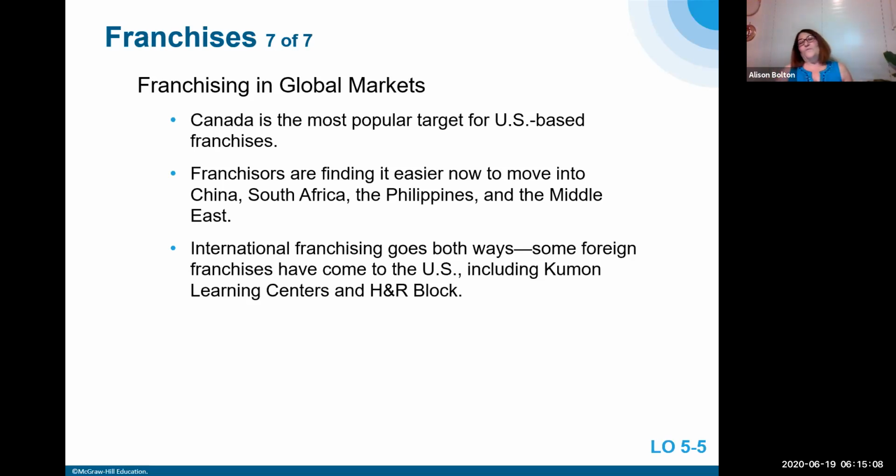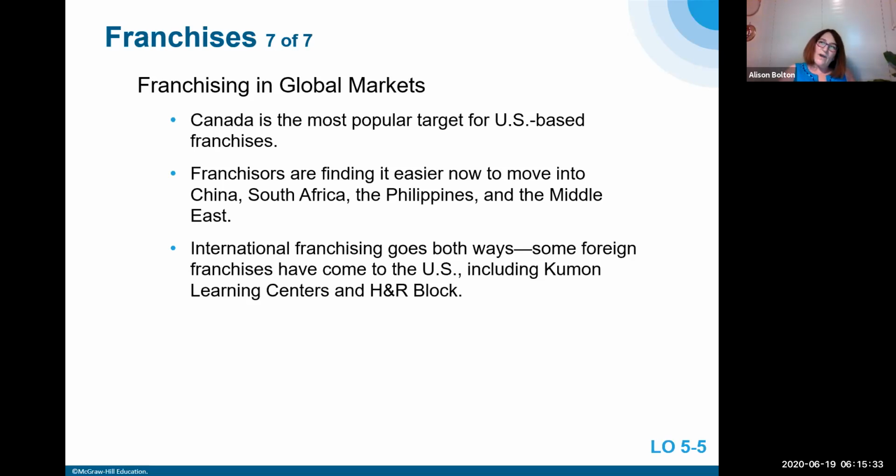Then there's been the growth with other kinds of organizations like Kumon Learning Centers and H&R Block. We didn't have those in other countries before. There are some issues that could be problems. Kumon is great for learning languages or STEM education and learning how to take tests. But H&R Block is about taxes.